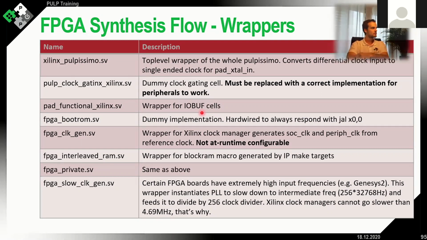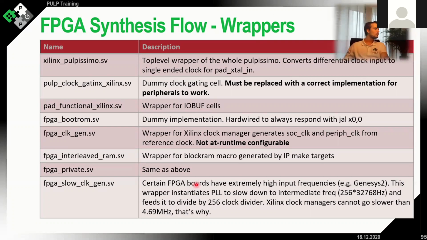For now, the FPGA boot ROM just contains a single hardwired instruction that you will receive regardless of which address you try to access, which will always be jump and link to the same address you're currently at. So it will just trap the core in an infinite loop until the RISC-V debug unit takes over, preloads the memory, programs the entry point address, and enables the core once again.